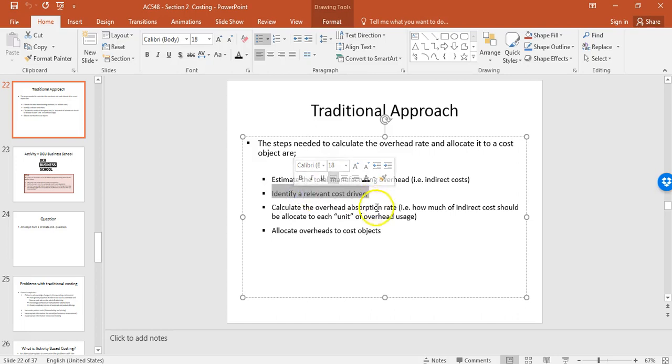So now we need to get the overhead absorption rate, sometimes it's called the allocation rate, i.e. how much overhead should I allocate to each labor hour. So to get that, we need to get the total labor hours and divide that into the indirect costs. That will give us an overhead rate per labor hour. And that will allocate it then to the products alpha and beta because we know how many hours they take.